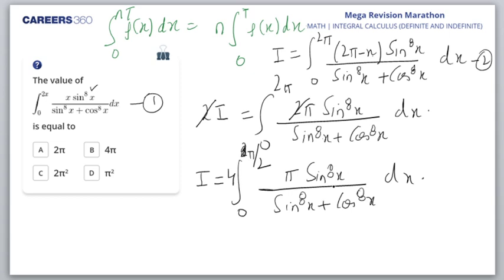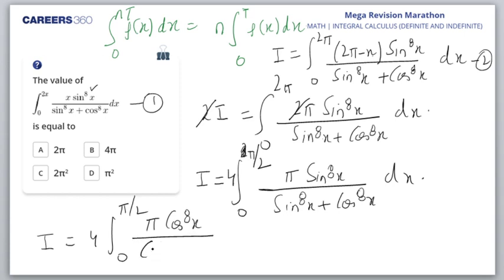Yes, students. Now I'll make use of the property I is equal to 4, 0 to pi by 2, and sine will become cos 8x, and this will become cos 8x plus sin 8x. Cos will become sine, sine will become cos.